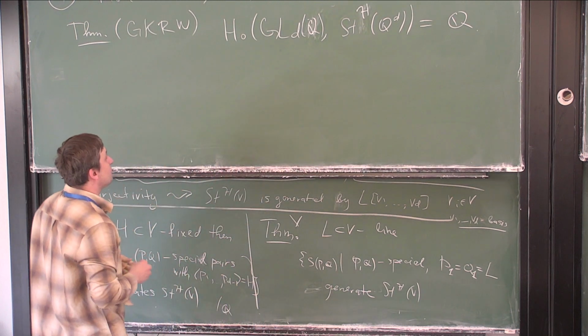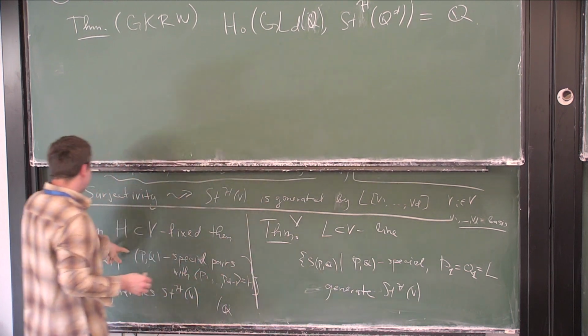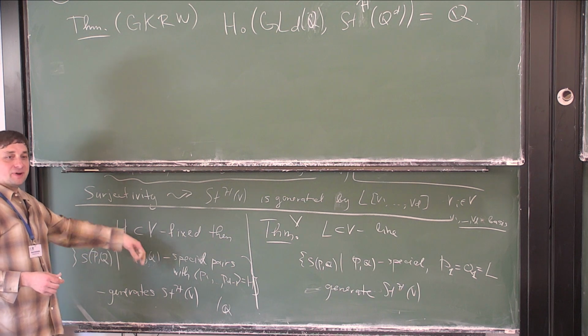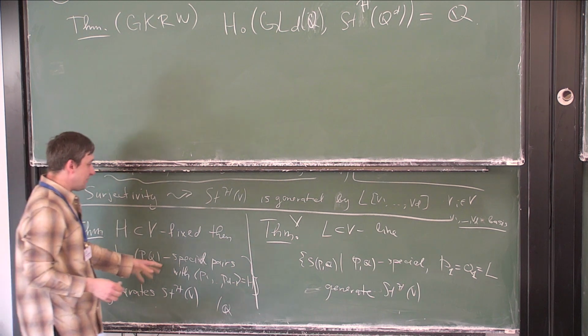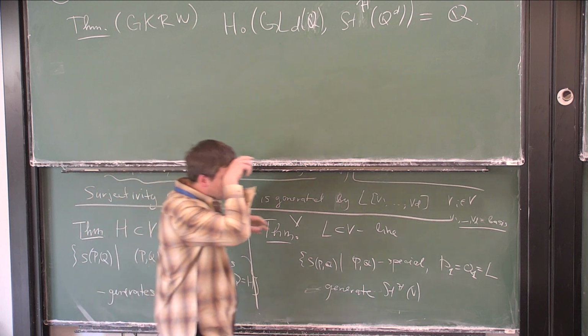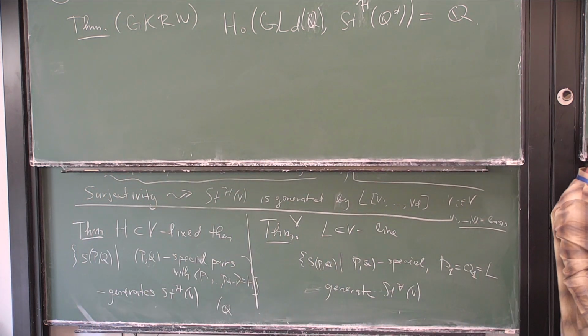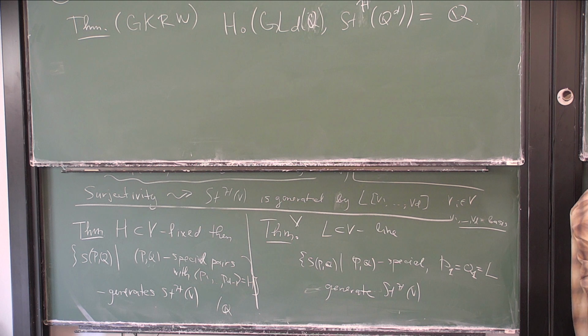Okay, so how does the proof go now? Well, this almost tells us that everything is spanned by generic special pairs, except there are some products. But the good thing is if you apply the shuffle product formula, it allows you to rewrite any product in terms of generic pairs.